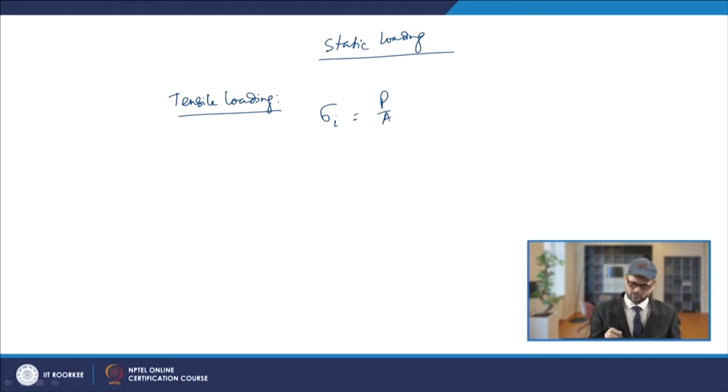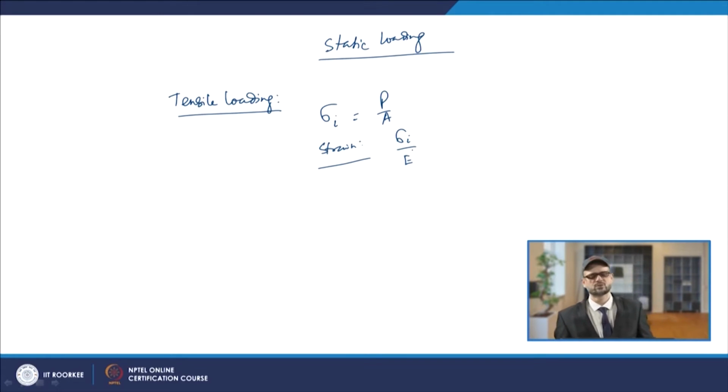Then also, if you talk about the value of the strain, the strain will be the stress value which you get divided by E. Stress by strain becomes the E value, that is the modulus of elasticity.